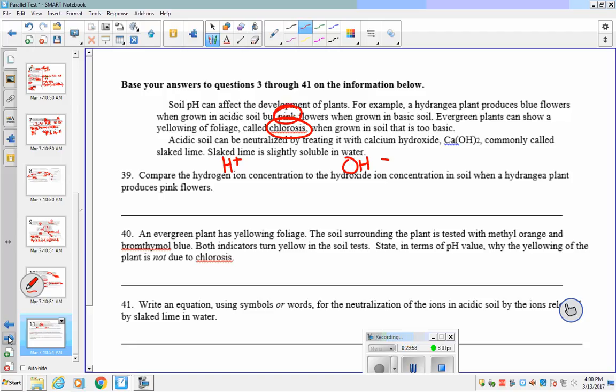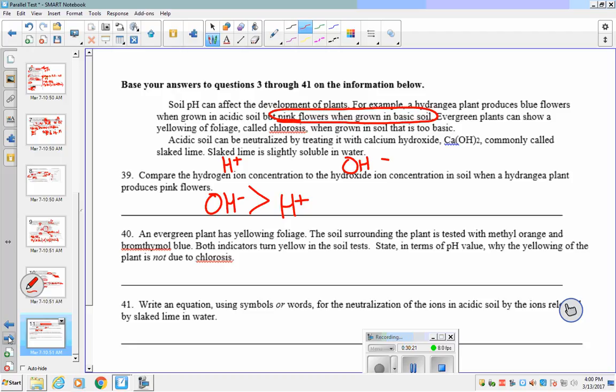So pink flowers are going to occur when we have basic soil. So when a solution is basic, we should have more OH- than H+. So you want to say the concentration of OH- will be greater. However you word that, or if you show it in symbols like I did, that's totally fine.